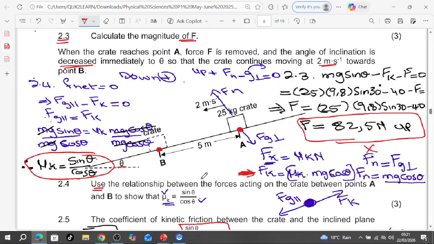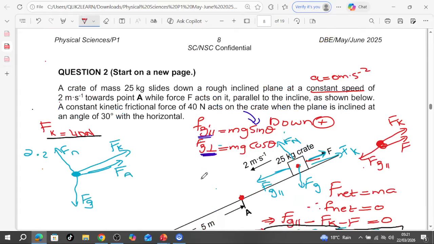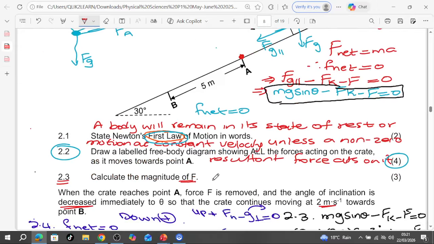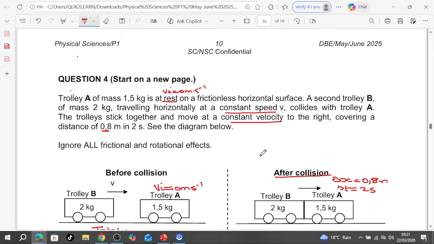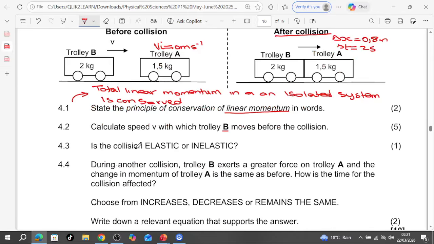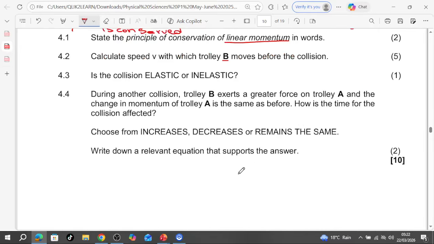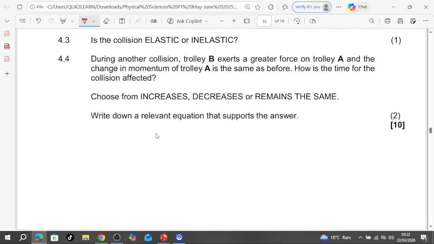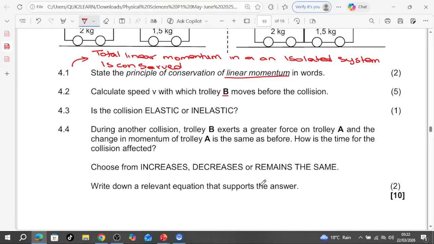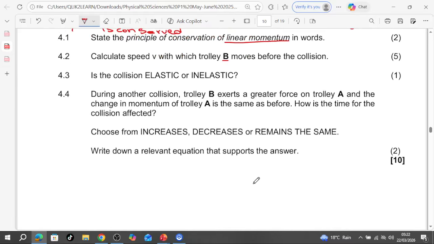They said define Newton's first law, and most of the questions were based on Newton's first law. So if they said state the principle of conservation of linear momentum, I can write that down and see how it helps me find the speed v. I think you guys are learning how I attack these questions.